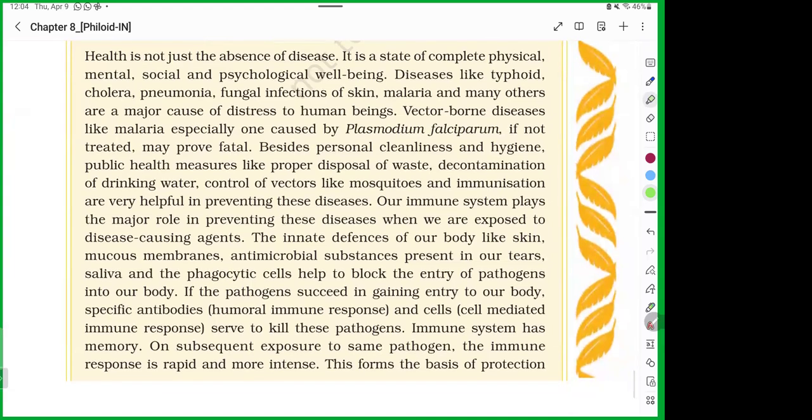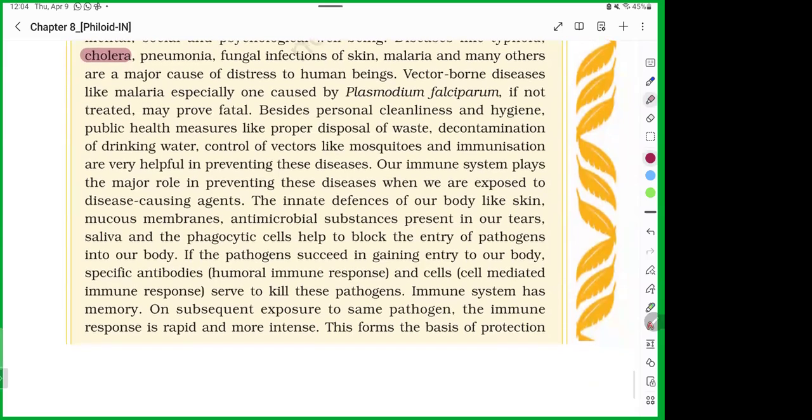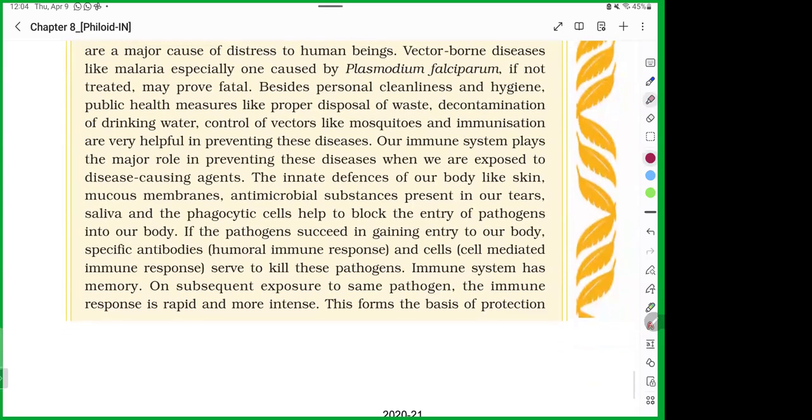Example: in normal NCERT, cholera disease is not mentioned, so you don't know whether it is caused by bacteria or not. But here it is mentioned: typhoid, cholera, pneumonia, fungal infection of skin like ringworm, malaria, and many more diseases. So cholera is mentioned. Cholera is a bacterial disease. Important to learn. These things make a difference if you get one extra point.